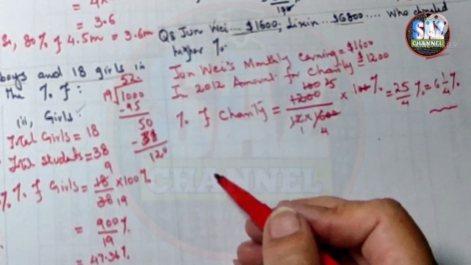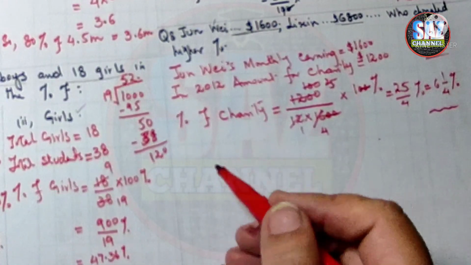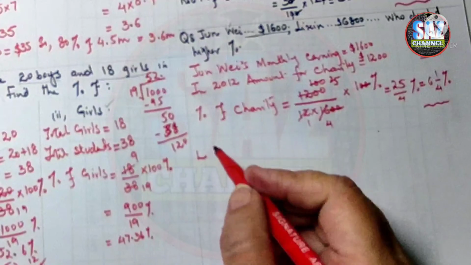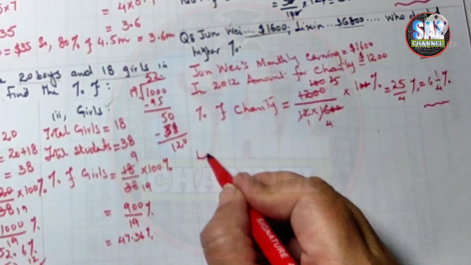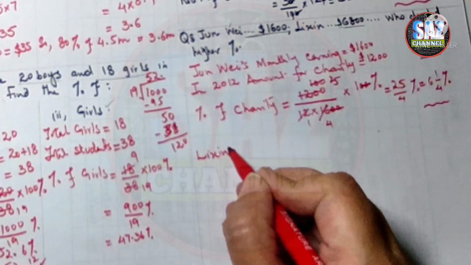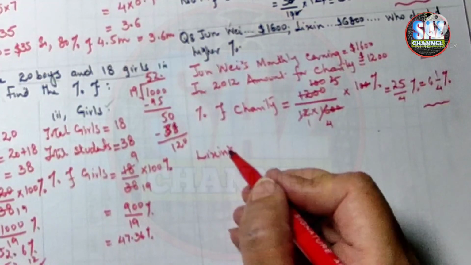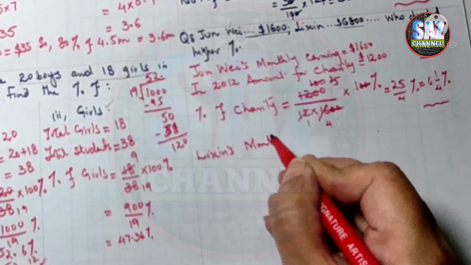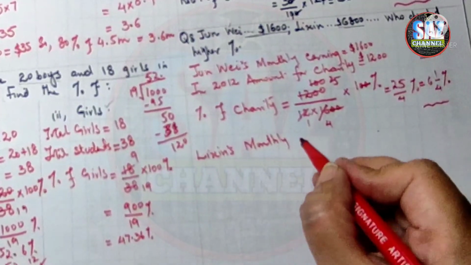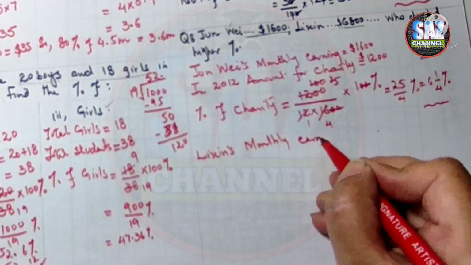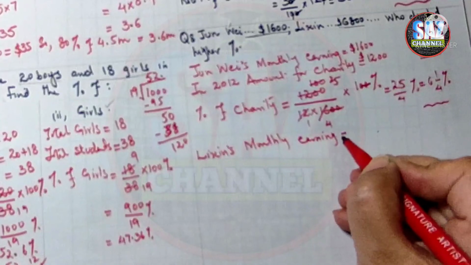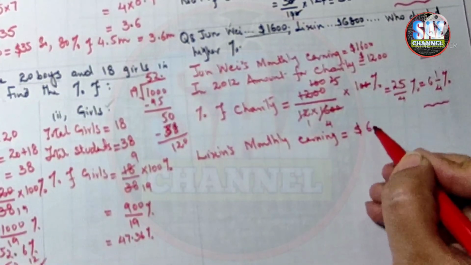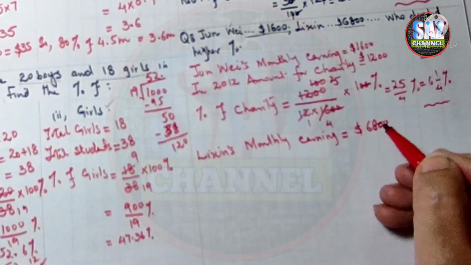Now let's talk about the second person, Lixin. Okay, Lixin's monthly earning is $6,800.